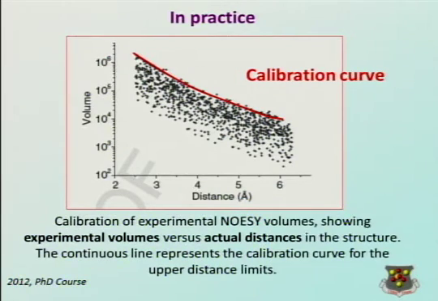So you want to have a calibration curve that sits on top of this distribution of volumes, so that for a given volume you will get a distance which is for sure larger than any of the true distances that correspond to such intensities.